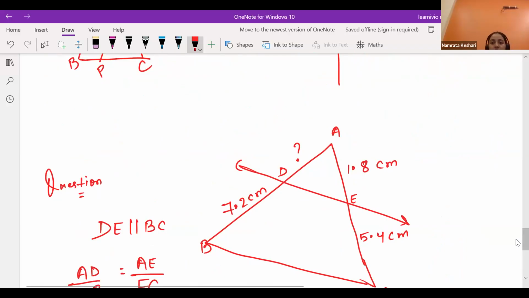So AD you are getting x over 7.2 is equal to 1.8 by 5.4. AD you are getting, Zoha, what? Yes, I'm getting AD is 2.4. Yeah, I think so.